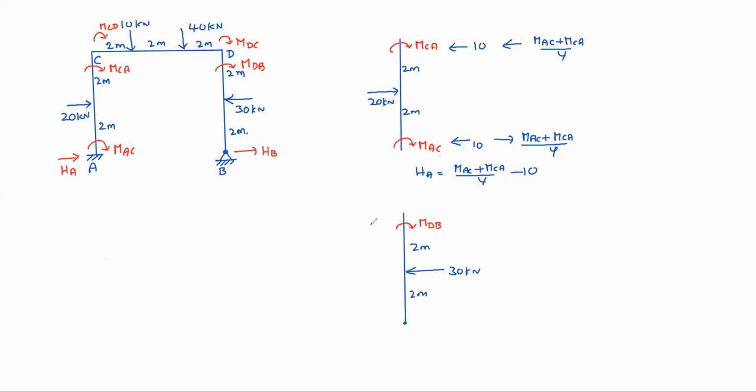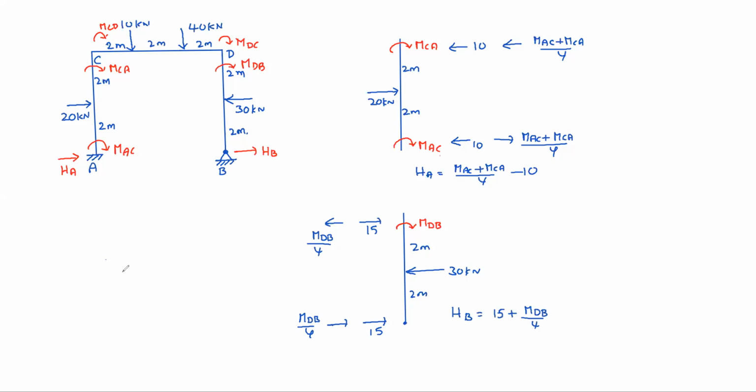For 30, 15, 15 like this, and for clockwise MDB, an anti-clockwise couple will develop like this. That is how much? MDB by 4. Here also MDB by 4. So therefore HB equals 15 plus MDB by 4.